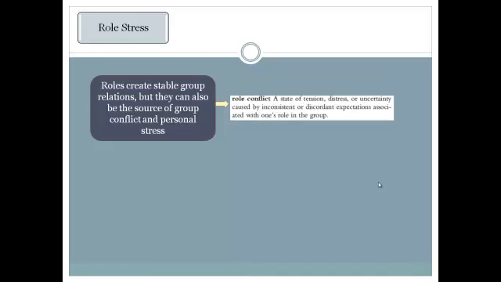Role conflict occurs when maybe you have a particular role in a group, but now there are two clear but inconsistent expectations. Maybe you're expected to soothe your fellow group members, but maybe you're also supposed to kick them in the ass.